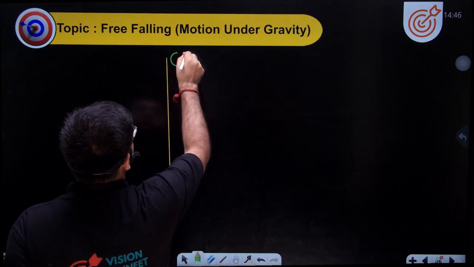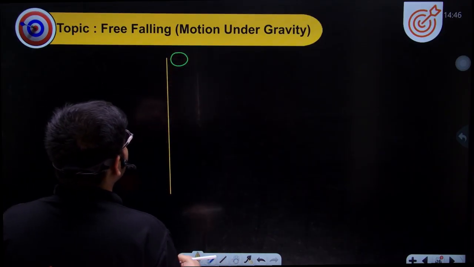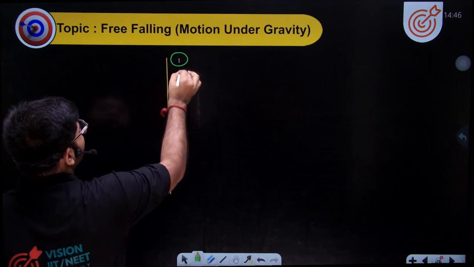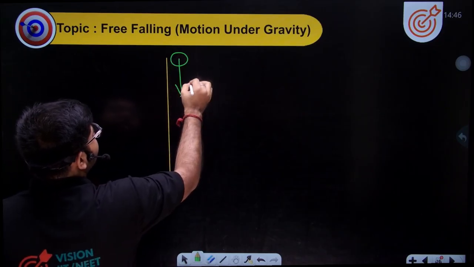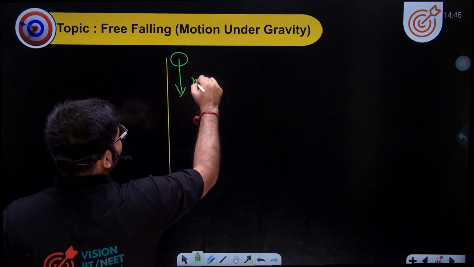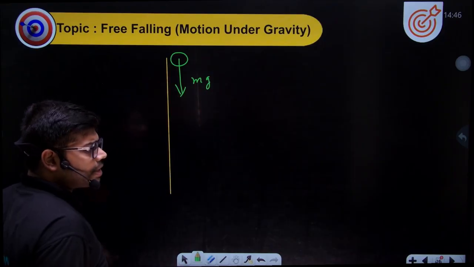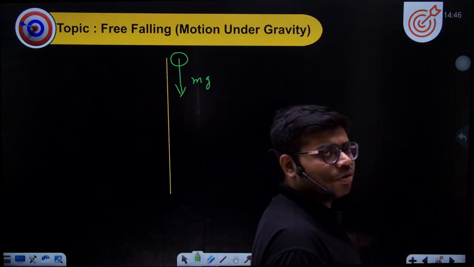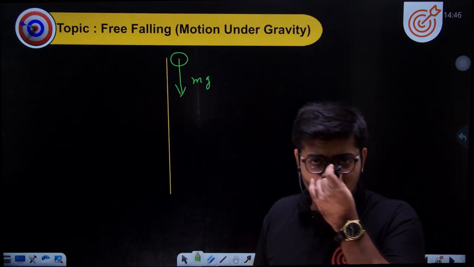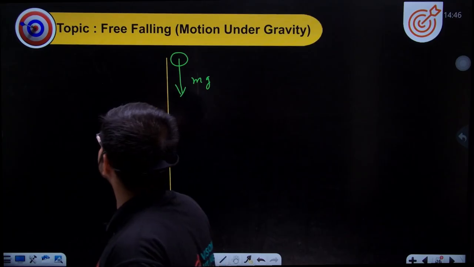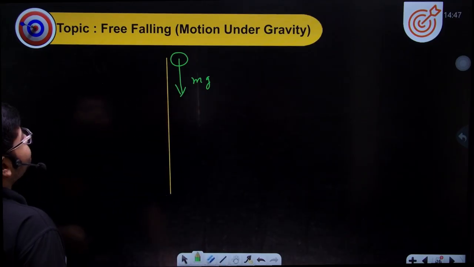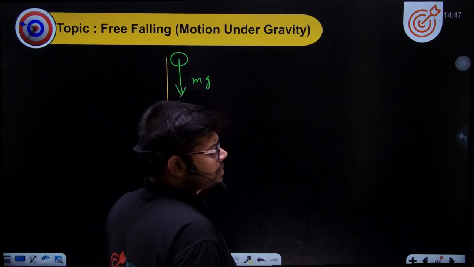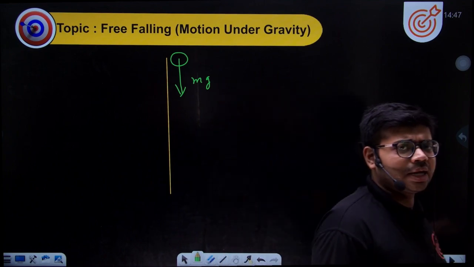So, if I draw a body something like that, and if it is under free fall, then we say that its own weight is acting downward, which is mg. And what is the acceleration of this body? The acceleration of this body is going to be g, right? G is going to be the acceleration of this body. Now, this is just simply this much, nothing else.